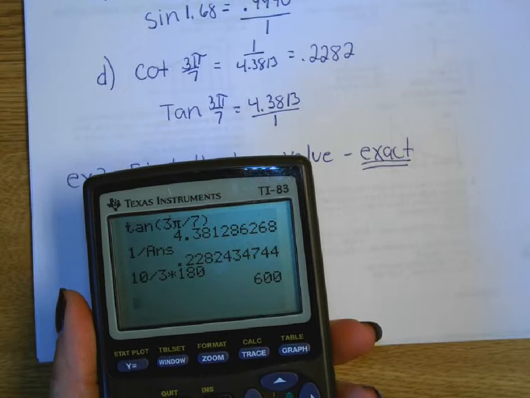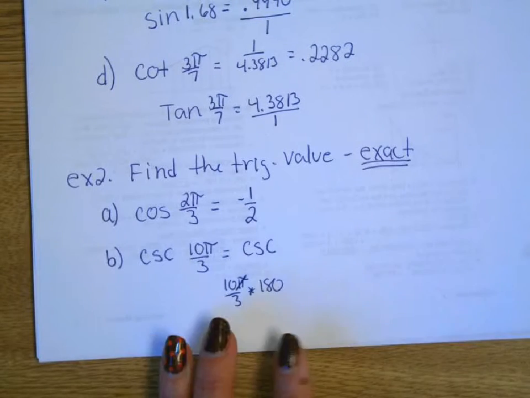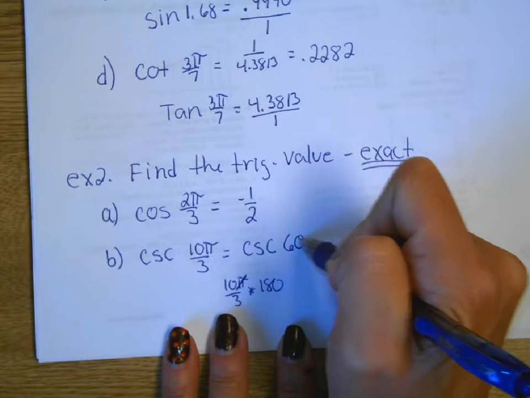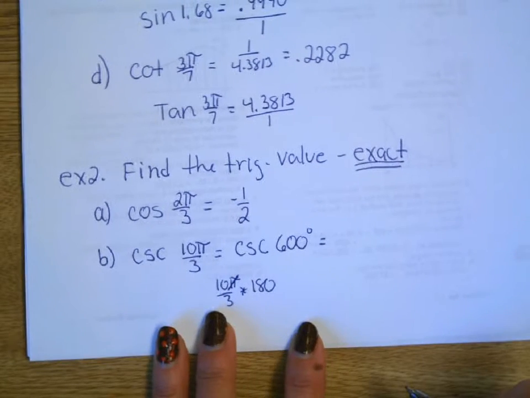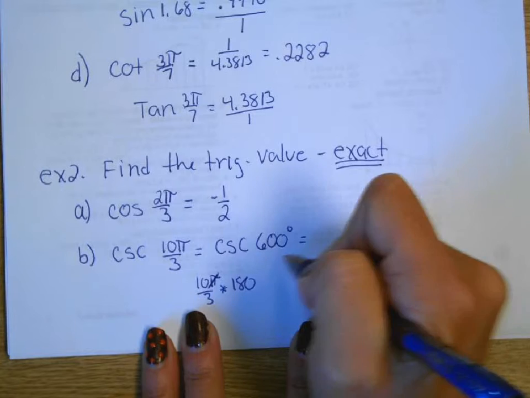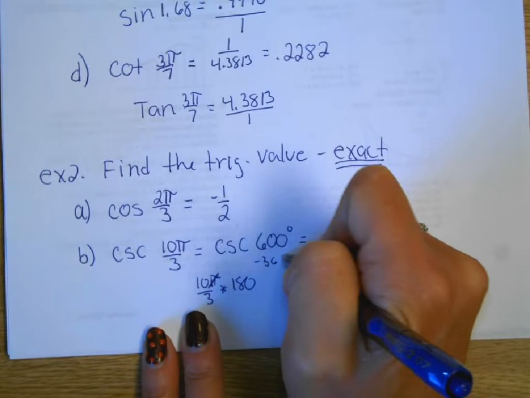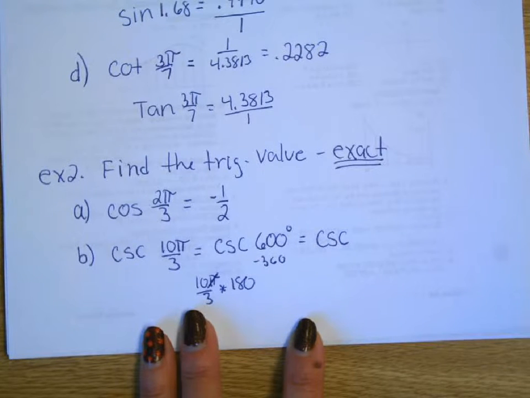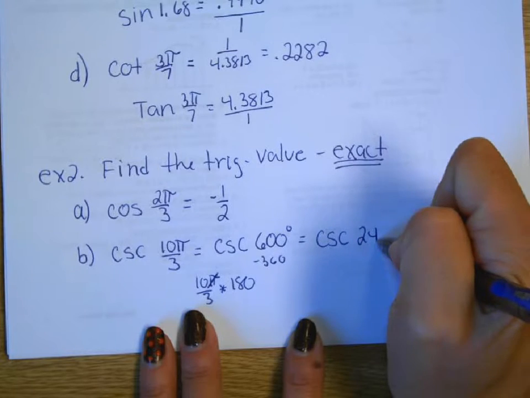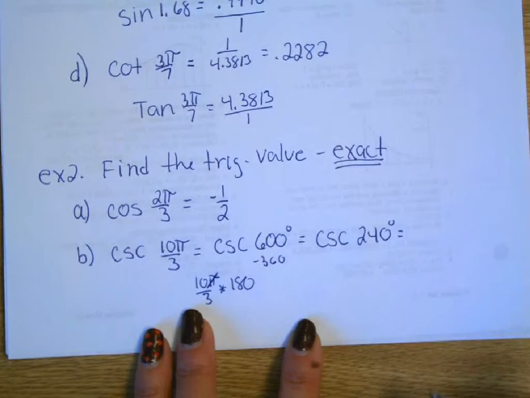Does that explain why you couldn't find it? Yeah. So this is 600 degrees. So what can we do to get down to something that we can find? Subtract 360 from it. So now we are at the cosecant of 240. Can you find the cosecant of 240 degrees?